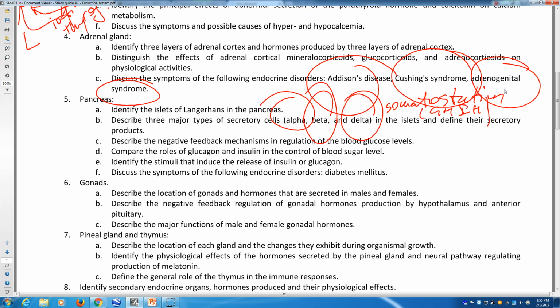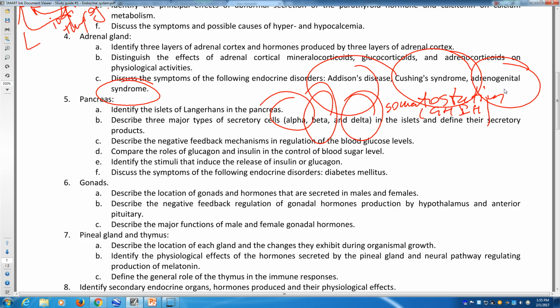Fat, it's going to be lipolysis, and glycogen, so this time it's going to be glycogenolysis. Okay? I know this is kind of confusing, but this is something that you must know. I promise I will ask you, and I will ask you in these fancy terms, not in the baby terms.